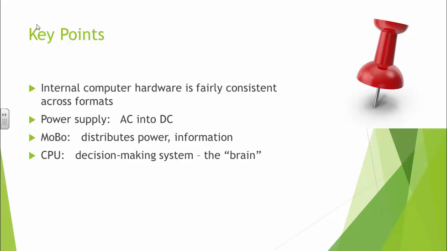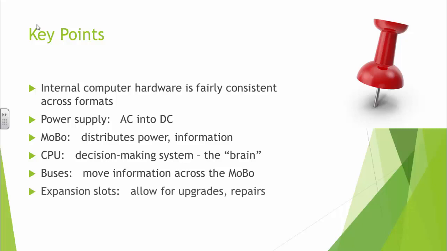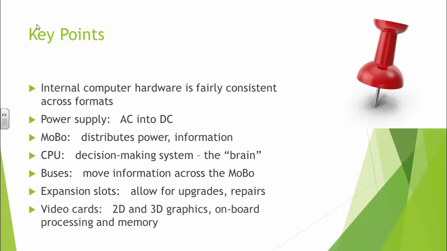Our CPU is the brain doing the decision making. Buses move information across the motherboard, and expansion slots allow us to upgrade and repair computers, using one computer for different purposes. Video cards are an important component in modern times, giving us better two-dimensional and three-dimensional graphics and taking some of the weight from the CPU in terms of processing and memory.